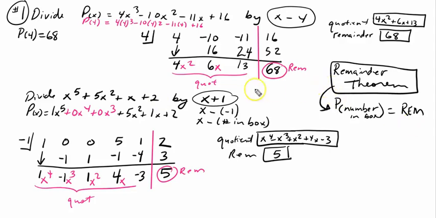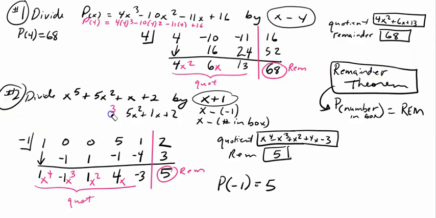If I apply the remainder theorem to this one, the remainder theorem says P evaluated at the number in the box is equal to the remainder. And actually this one might not be too difficult to check directly. So if that's my P of X, what's P of -1?